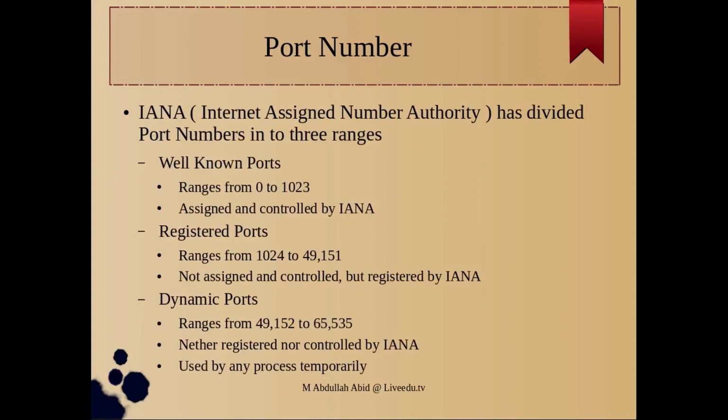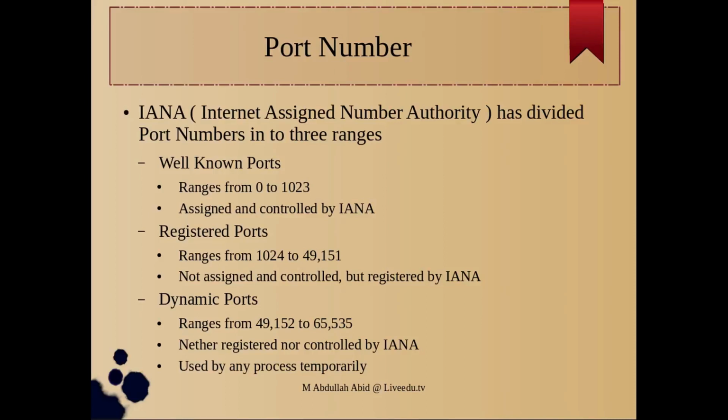IANA, the Internet Assigned Numbers Authority, has divided port numbers into three categories. The well-known ports are from 0 to 1023, the fixed ports assigned to the most used services. Registered ports are registered by IANA, and these can be used by us and are not assigned to any specific service.